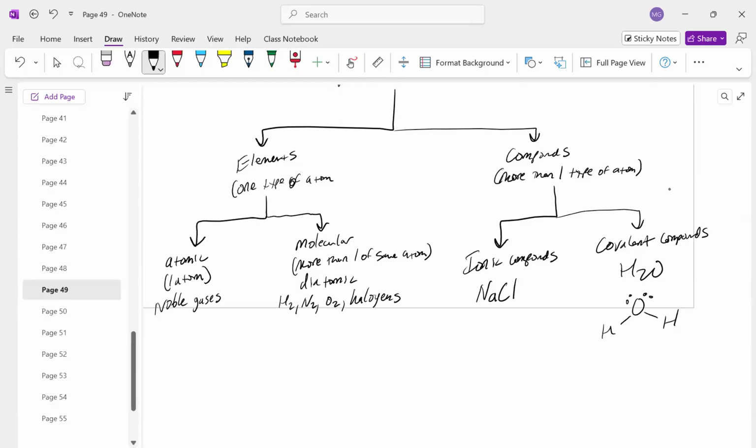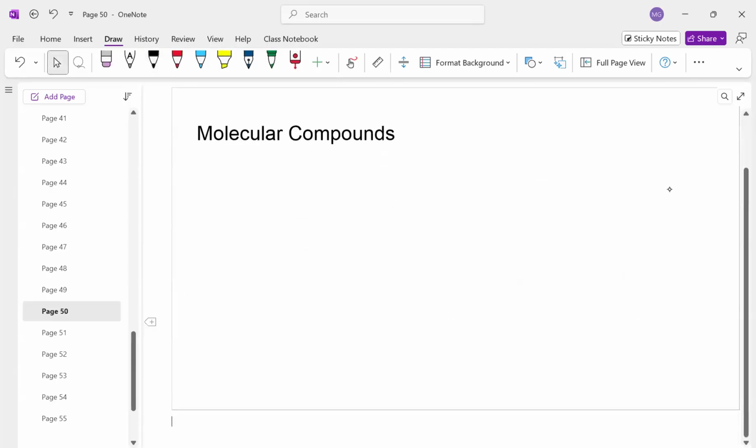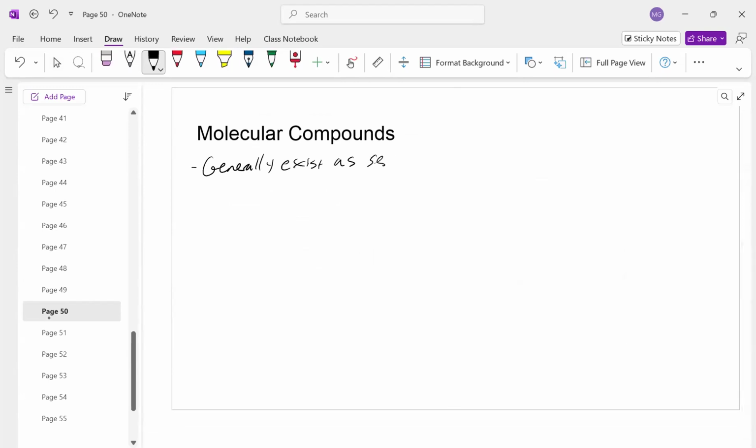Now, to highlight the difference, and we're going to focus mostly on compounds in this series of lectures, some characteristics of molecular compounds: these generally exist as separate molecules. If we had a glass of water and were to zoom in and see the individual molecules of water, they would not be bonded together.